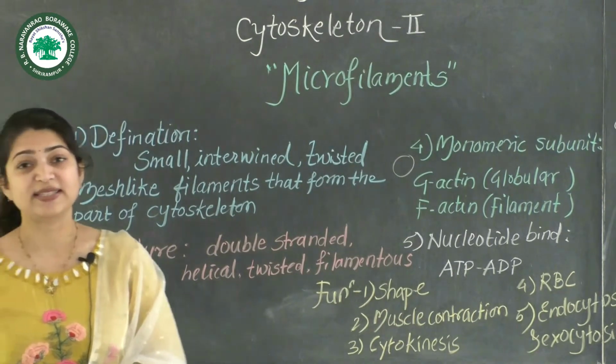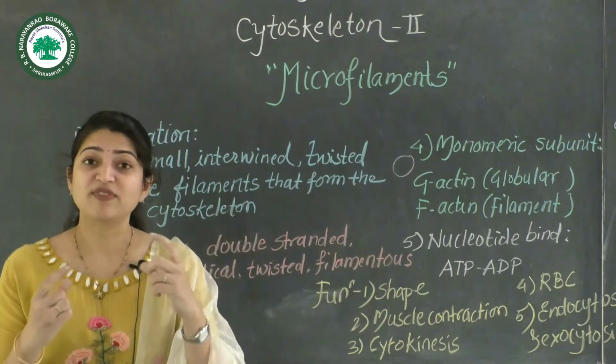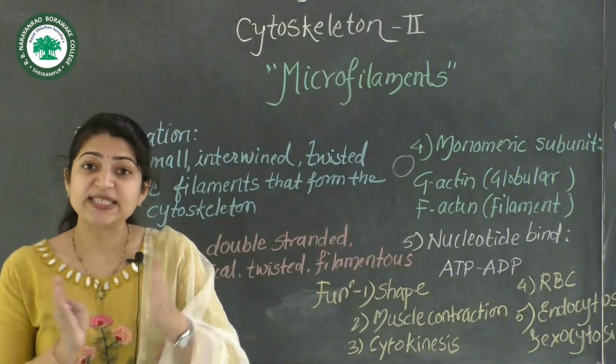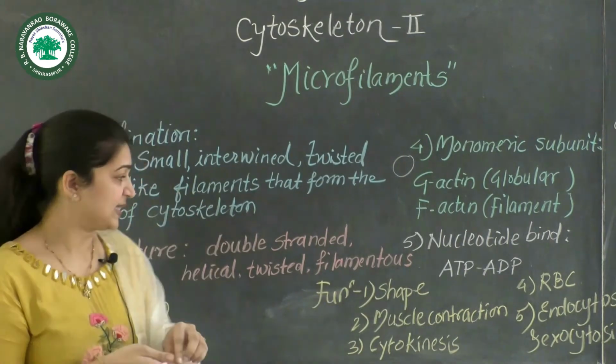After muscle contraction, the next function is cytokinesis. After the formation of a cell, there is a next step called cell division. When the cell divides, there is a pinching off into two cells.